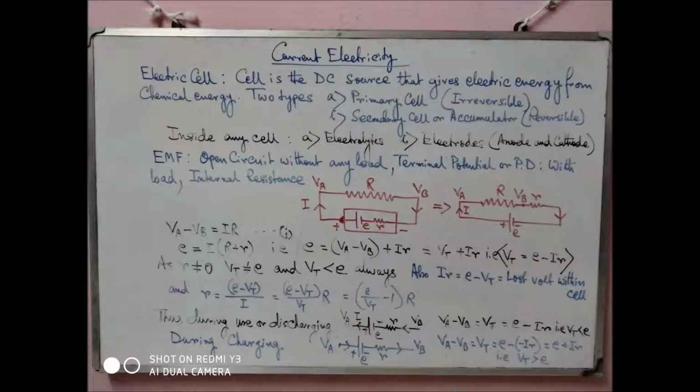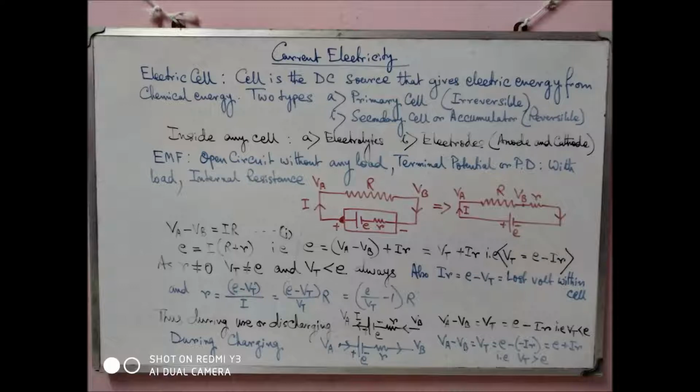See, whenever we are using any cell, inside, chemical energy is converted to electrical energy. How? Because you should know what is present inside the cell. Inside the cell, there are the electrolytes, that is the acid, the molten material, suppose sulfuric acid, and the electrodes, that is the anode and cathode.